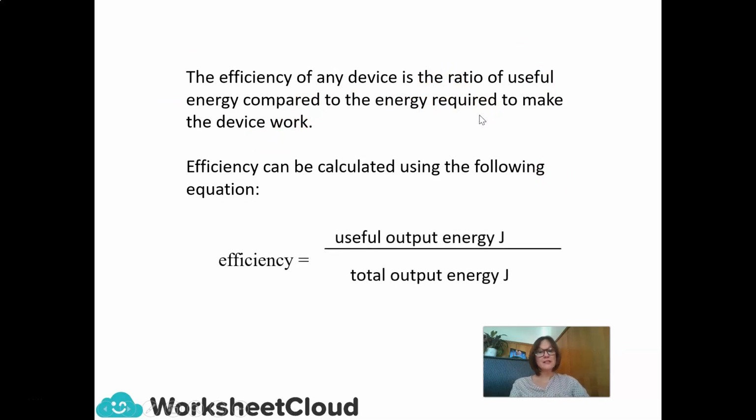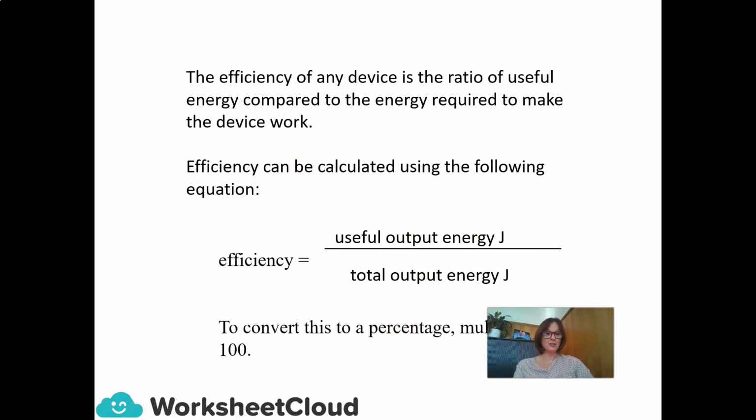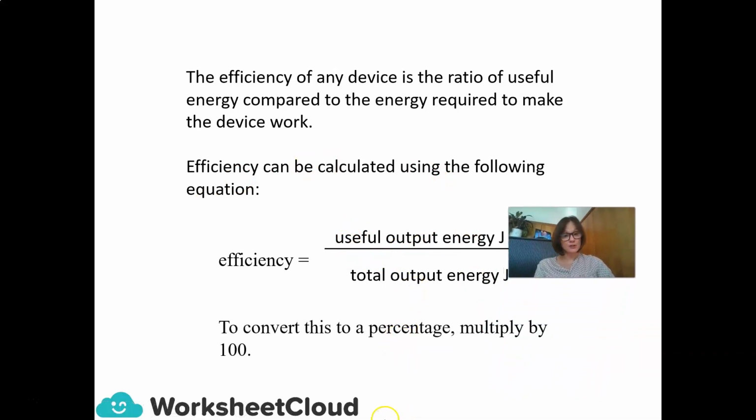So we have efficiency is equal to the useful output energy measured in joules, so the whole amount of output energy that is useful, divided by the total output energy. Okay, useful output energy divided by the total output energy. And to convert this to a percentage, we simply multiply it by 100.